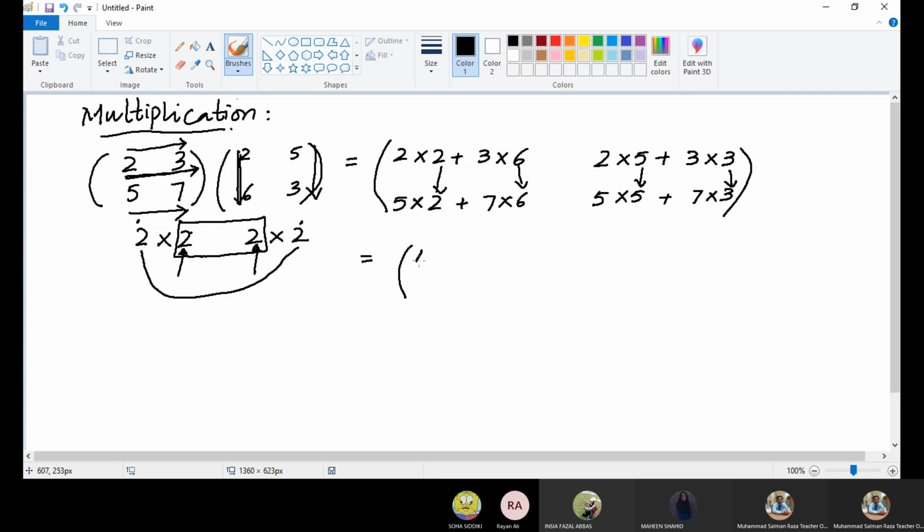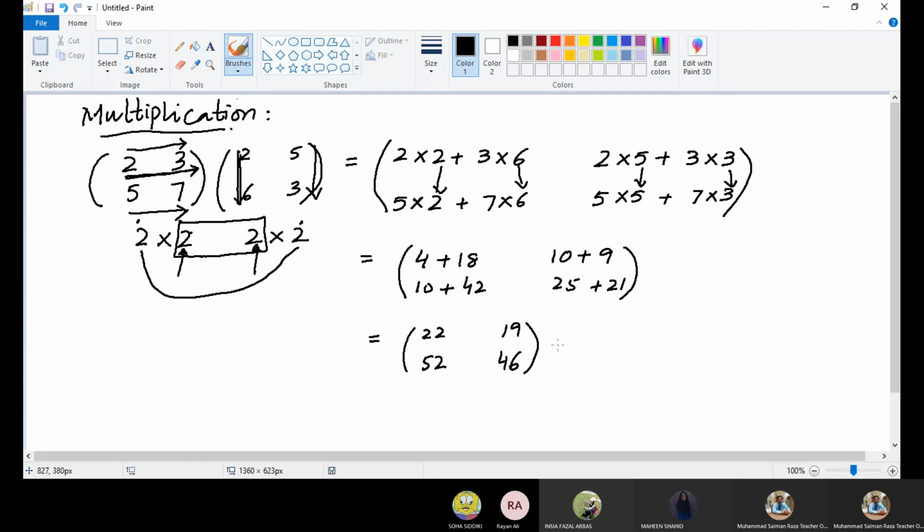So what are we going to do? 2 2s are 4 plus 6 3s are 18. 2 5s are 10 plus 3 3s are 9. 5 2s are 10 plus 6 7s are 42. 5 5s are 25 plus 7 3s are 21. And here goes our final thing, that is 22 and 27, 52 and 46.